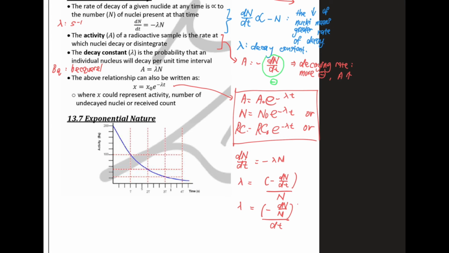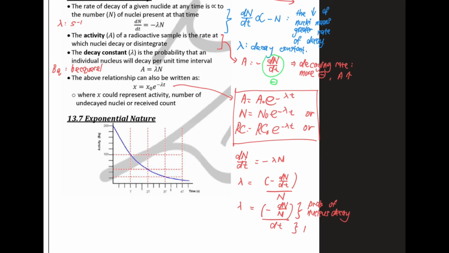Then you understand that this is the change in N over N. So this is the probability of nucleus decay.